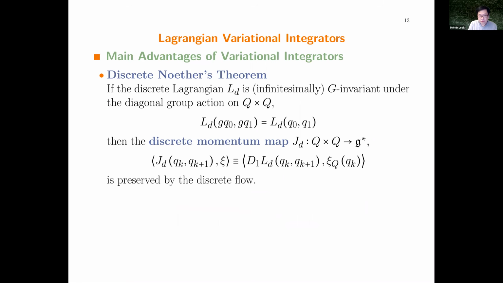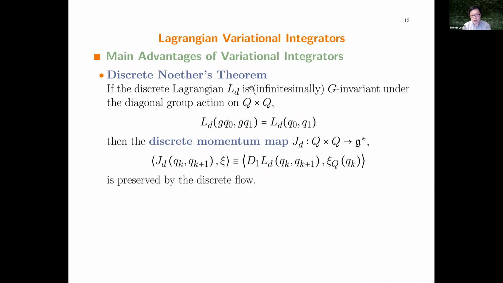So you might ask, what are some of the theoretical advantages of constructing a numerical method this way? I think there are two main things. The most important point is that you can analyze properties of the numerical method by analyzing properties of this discrete Lagrangian. There are essentially meta theorems which tell you that given these properties of the discrete Lagrangian, your numerical method has certain properties. The first of these is the discrete Noether theorem.